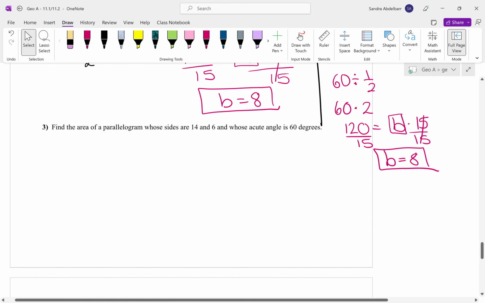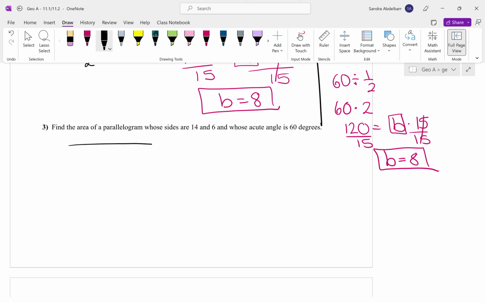Find the area of a parallelogram whose sides are 14 and 6 and whose acute angle is 60. I need to draw a parallelogram. Okay, so find the area of a parallelogram whose sides are 14 and 6.